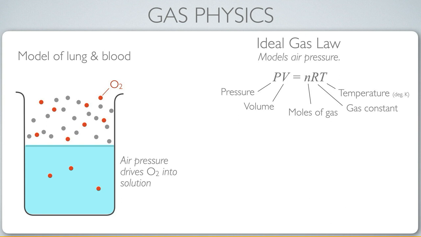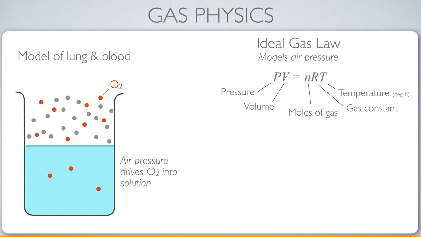So what the ideal gas law lets us do is consider what factors influence the pressure. Since we've established on the left that pressure is driving the oxygen into solution, if we can change the pressure of the gas mixture above the interface, then we should be able to manipulate how much oxygen we drive into solution.